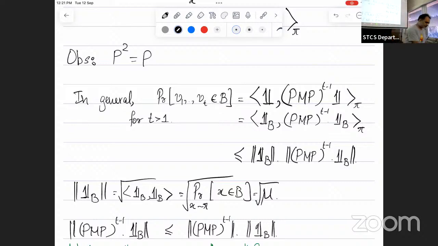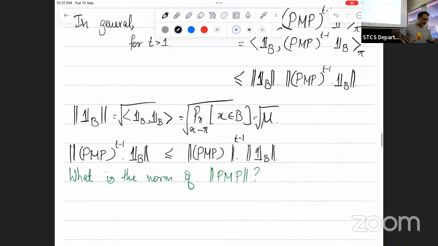And thanks to the way spectral norms work, I can pull the exponent outside, because the spectral norm of a product is at most the product of the spectral norms. So the task boils down to the following: what is the spectral norm of PMP? If we get a handle on this, then we know what to do.